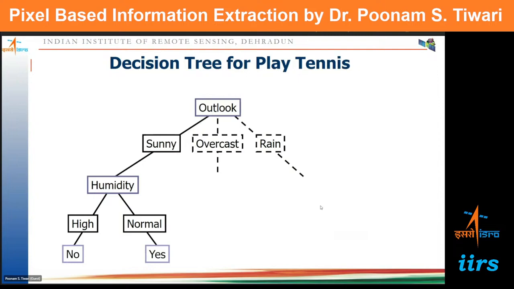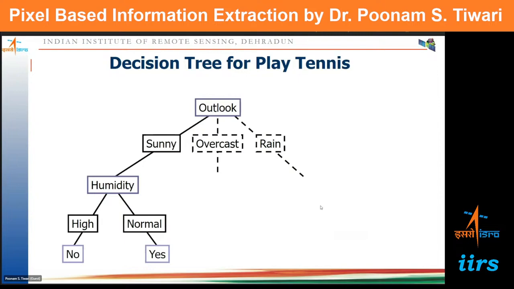you want to decide whether you will go out to play tennis or not. So how are you going to decide that? First of all, you will check how is the weather. Whether it is sunny, overcast, or raining. If it is raining, definitely you cannot go to play. If it is overcast, then again, how much is the humidity?